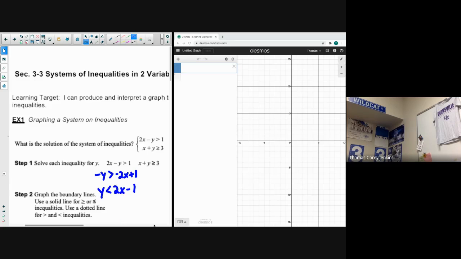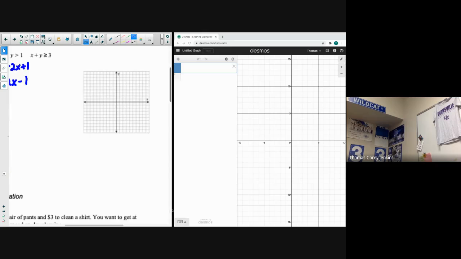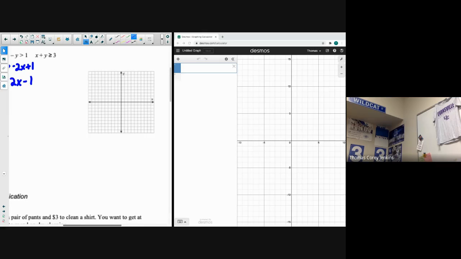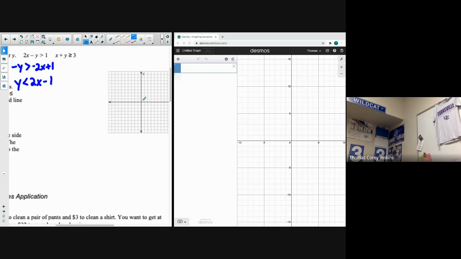All right, so we'll go ahead and graph that boundary line. So 2x minus 1, so start at (0, -1), and then my slope is positive 2. So I'll go up 2, right 1. I like to extend these out as far as I can on these inequality graphs.